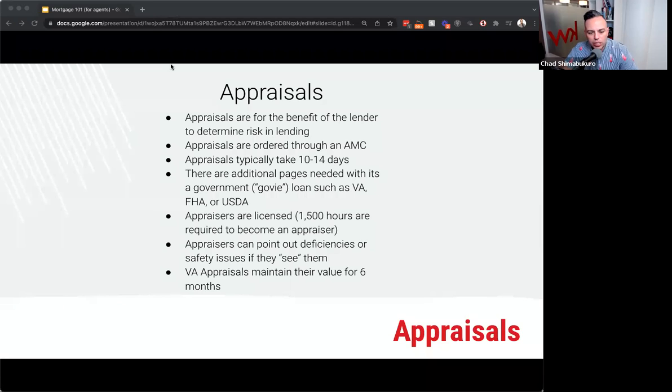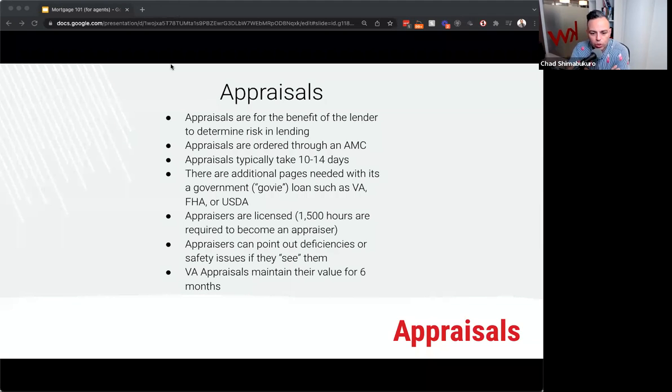Another thing to note too is on the VA appraisal specifically, you guys ever heard of a Tidewater notice? It's unique and specific to VA. A Tidewater notice is a notification from the appraiser that says, I know you're looking for whatever value we're under contract for in this purchase contract, but it's very likely I cannot bring that value in. I don't have enough data. That's basically what he's saying.